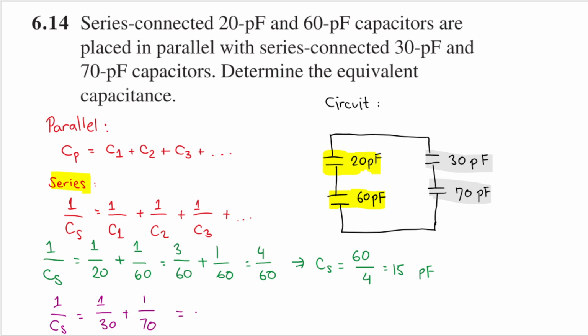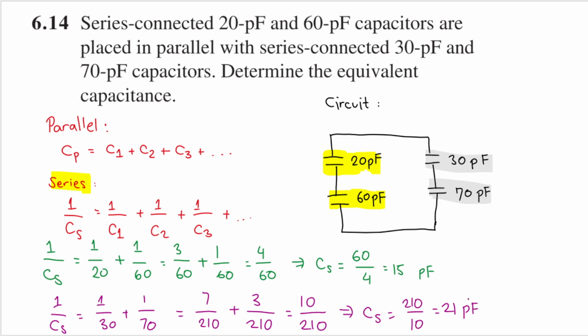I think we can make the denominator 210. So we will have 7 here and 3 here, 3 over 210. Good. Now we will have 10 over 210, and then CS here is 210 divided by 10. So we will have 21 picofarad.